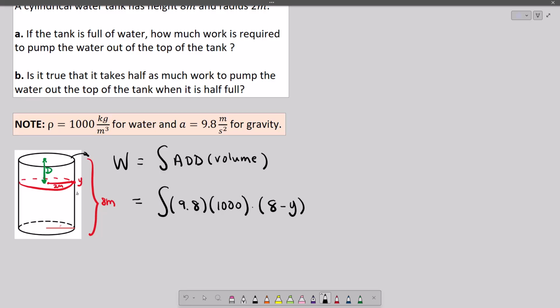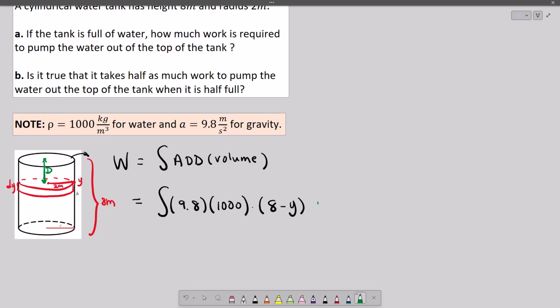All right. So that's ADD. Two of them are constant all the time. Now volume. By volume, we mean volume of a slice, which is the cross-sectional area, but then we throw in some thickness. So that thickness is dy. So this is going to be cross-sectional area.